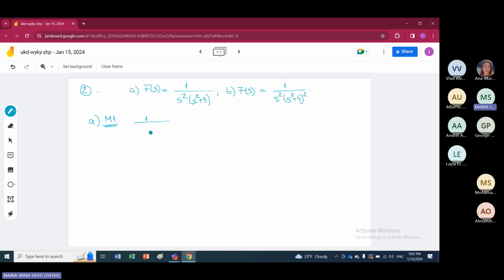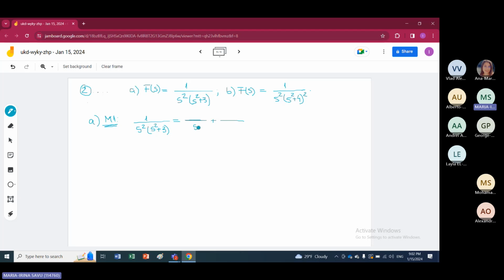You have this function which has to be written as a sum of how many functions? How many? Is it 3? Yes, 3.